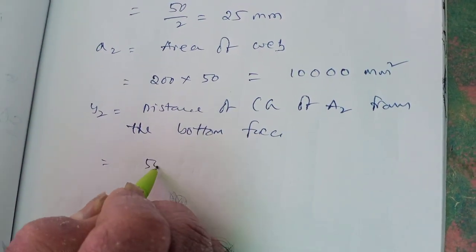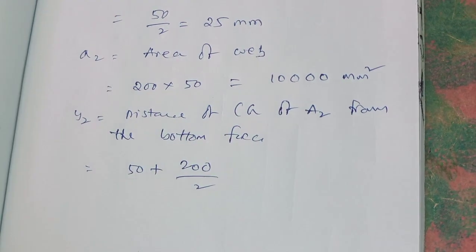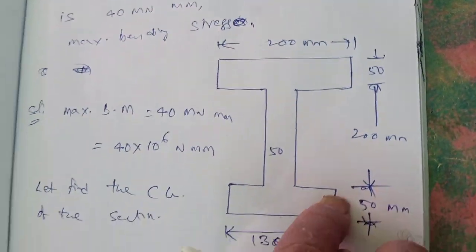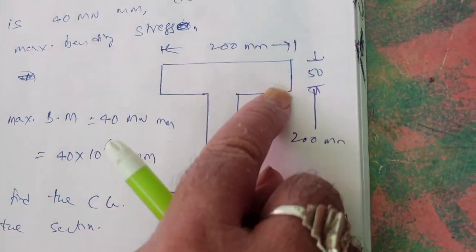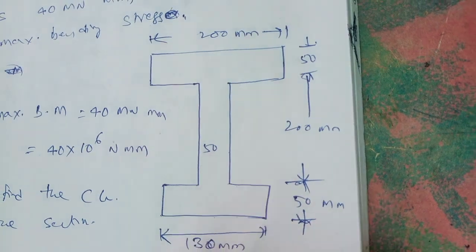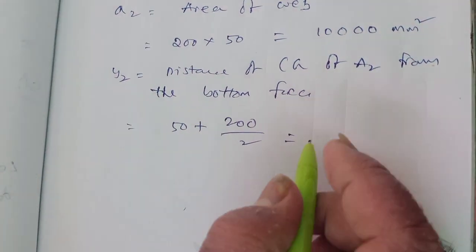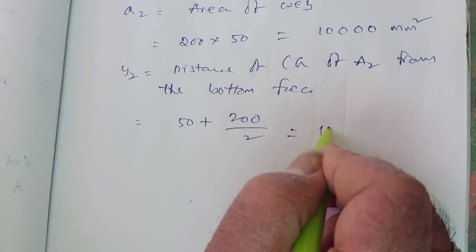That is 50 plus 200 by 2, half of the web height. 50 plus 200 by 2, that is 100 plus 50, 150 mm.